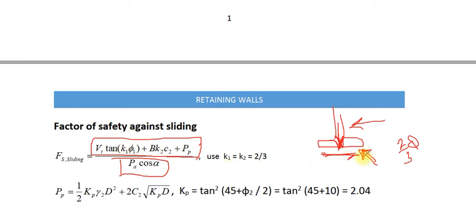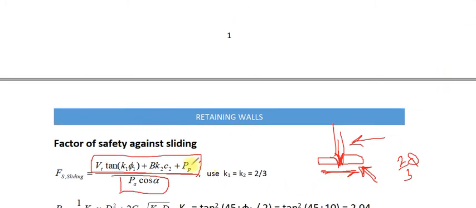Now the normal vertical force is multiplied by the coefficient of friction, plus the cohesion. Also the cohesion is another component that contributes with this force to resist the applied force.